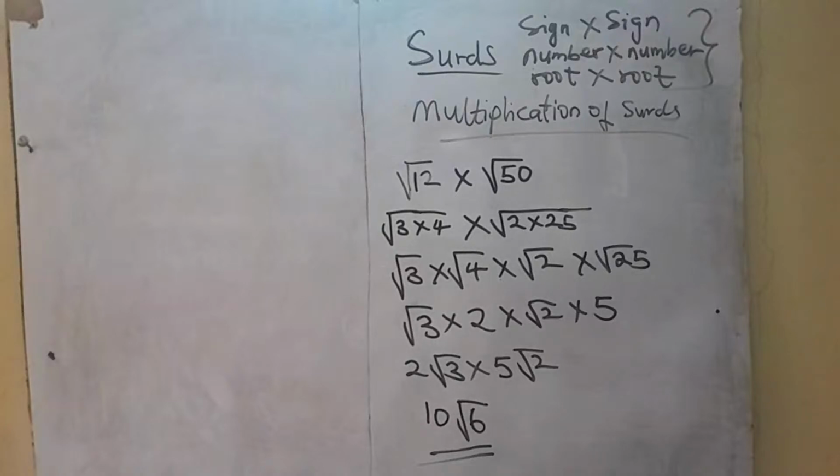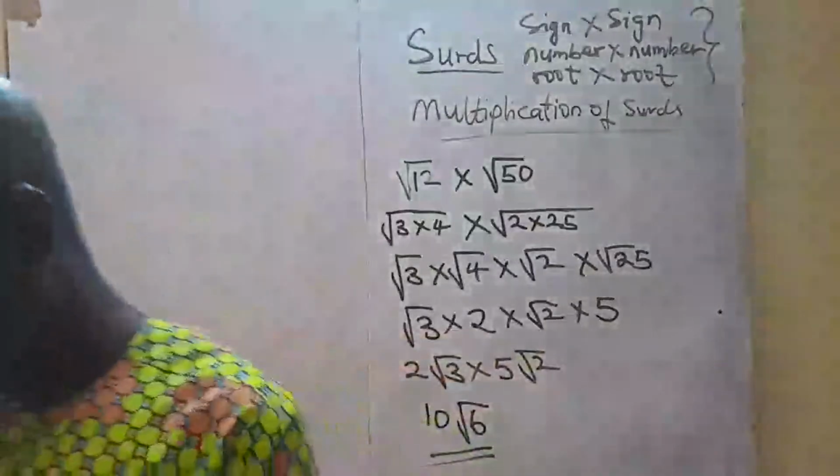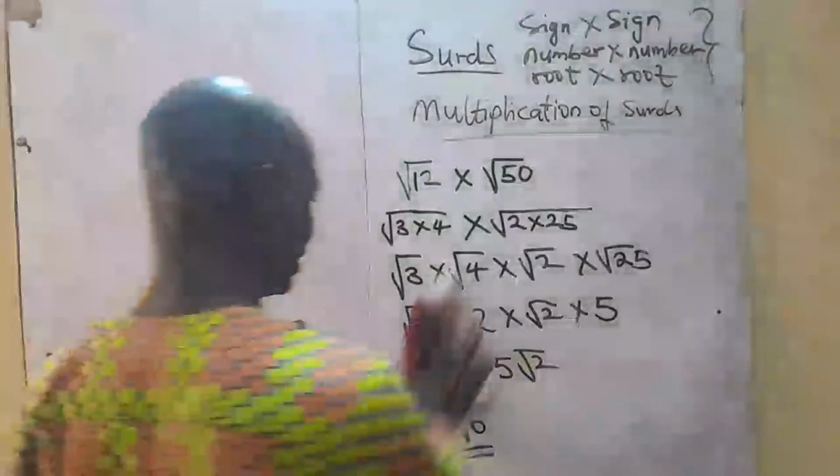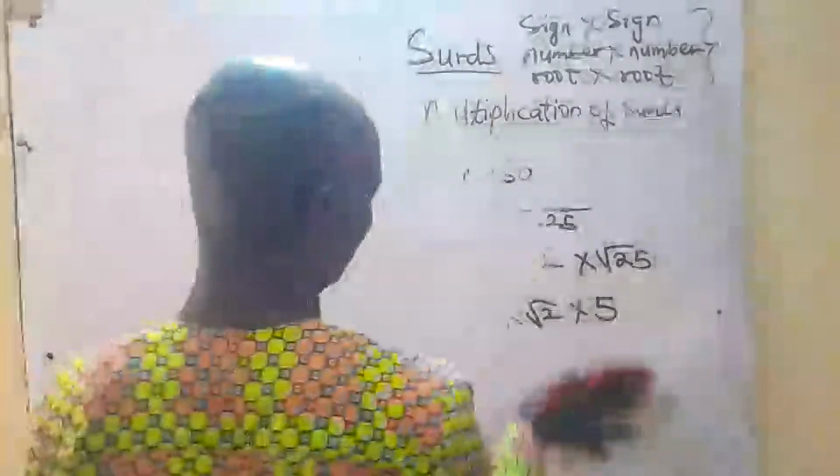I am going to be looking at mathematics this afternoon, and the mathematics we are going to be looking at is surds. By surds, we mean the roots of irrational numbers.